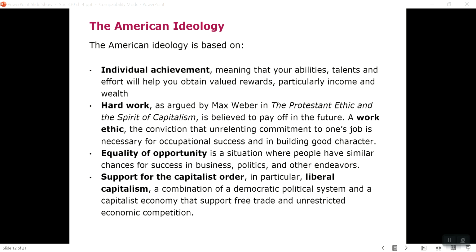And of course, people who have been able to do this are held up as examples of, look, if this person did it, then you should be able to do it too. If Barack Obama could become president as a black man, then you should be able to do it too. Or you should be able to achieve success in politics too. Or if Oprah Winfrey as a black woman could be successful and start her own production company, then if you work hard and that's your goal, you should be able to do it too.